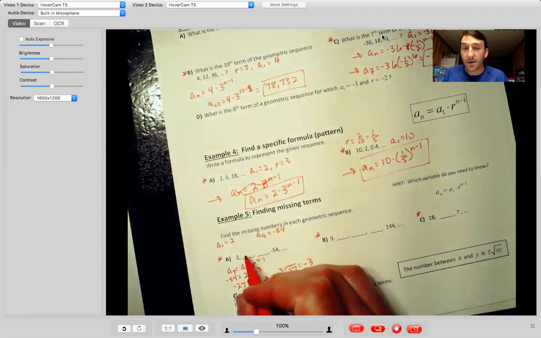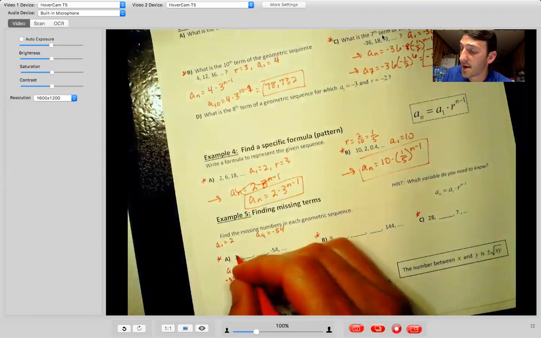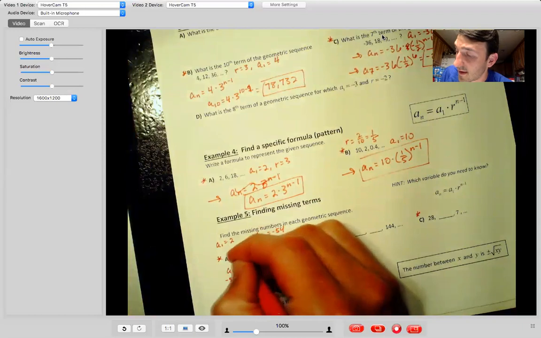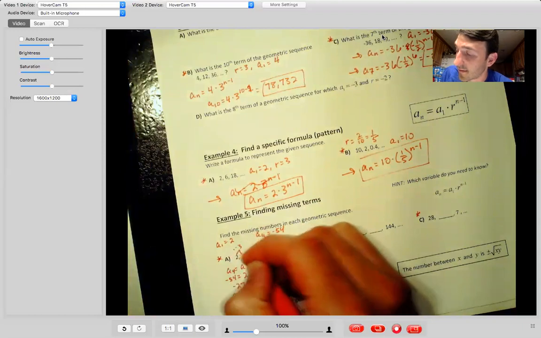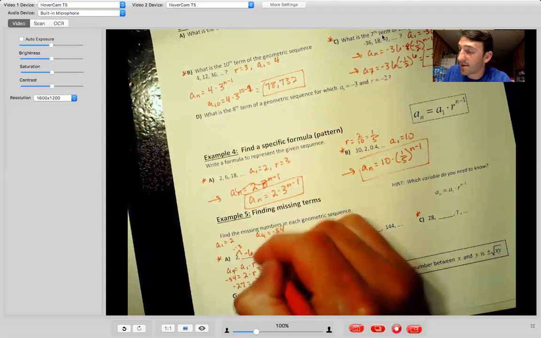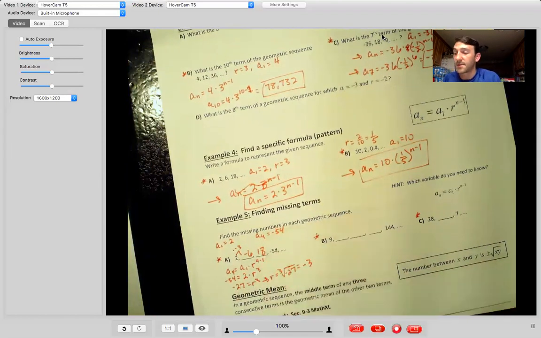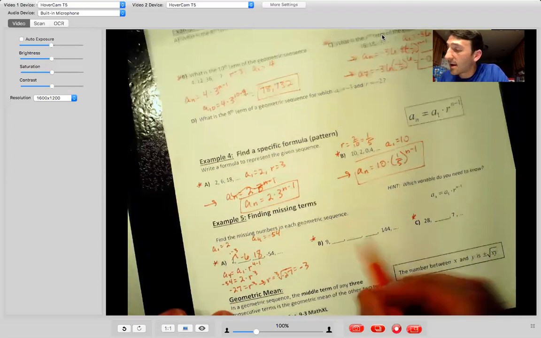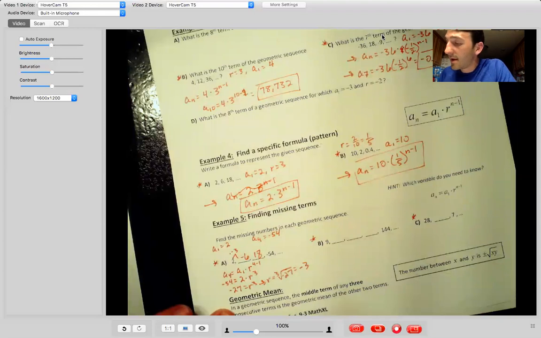All right, so now that we know that, we're just multiplying by negative 3 to get to the next term. So 2 times negative 3 is negative 6, times negative 3 is positive 18, and you can see that 18 times negative 3 is negative 54, so you know we're right.